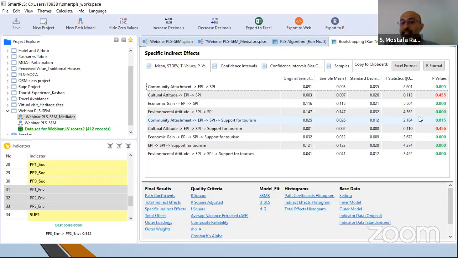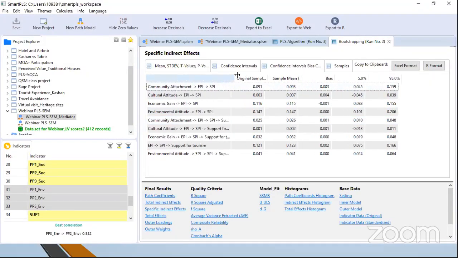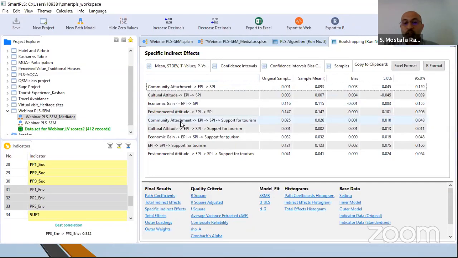Here you can see the p-value, and if you go to confidence interval, you can see the lower level and upper level for this indirect effect. This indirect effect includes 2 serial mediators.